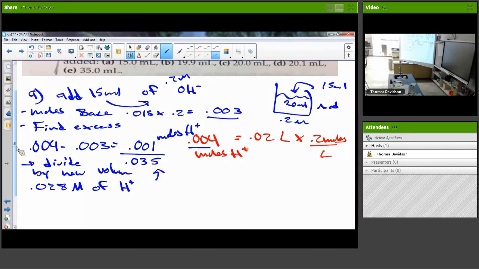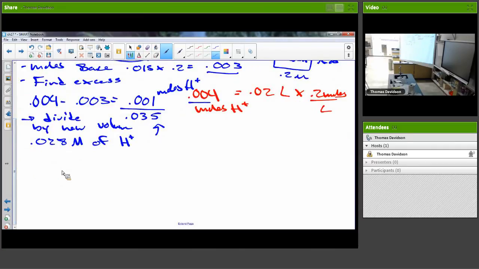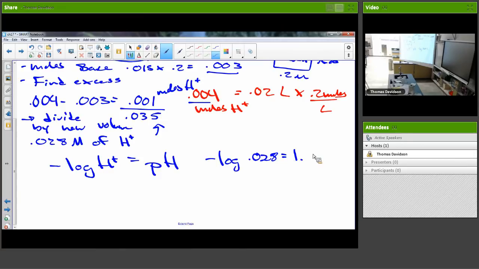And what do you do with that now? Take the negative log. All right, so then you take the negative log of H plus, and that would give you your pH. So the negative log of 0.028 was 1.7 last hour, or 1.6. 1.54? I got 1.55. Well, okay, we'll just say 1.55. Now, just briefly, if your excess is OH minus, there's one more step.